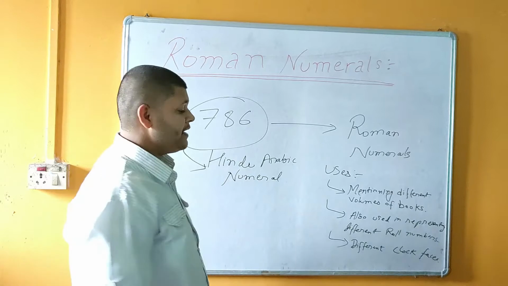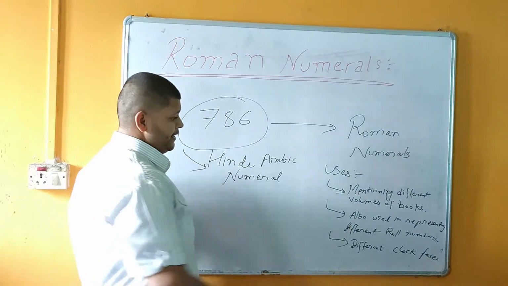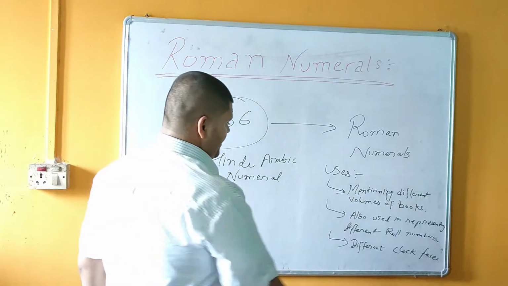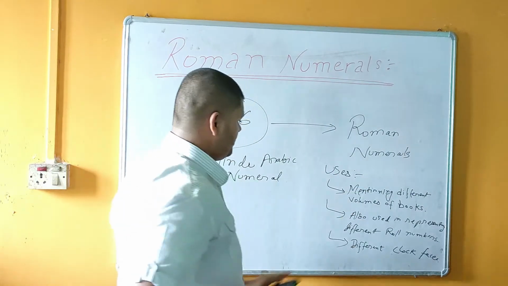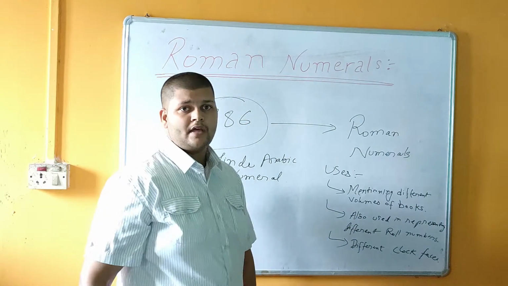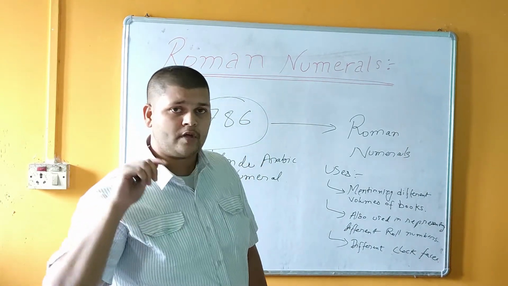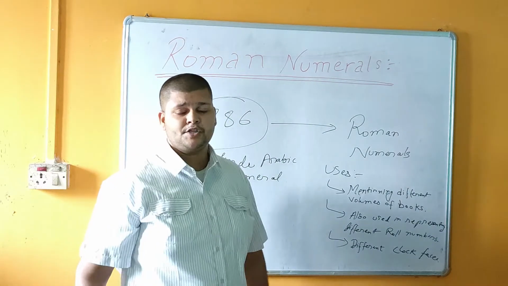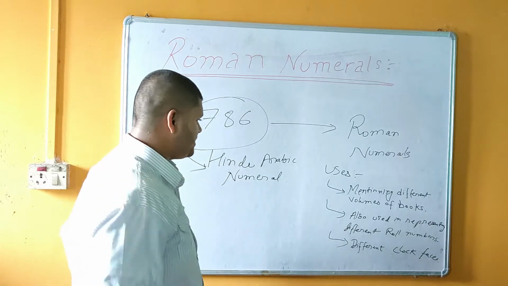These Roman numerals we use in today's life, like mentioning the different volumes of a book, the different roll numbers in your classes, and the timings on clock faces. Also there are n number of examples you can cite by your side.